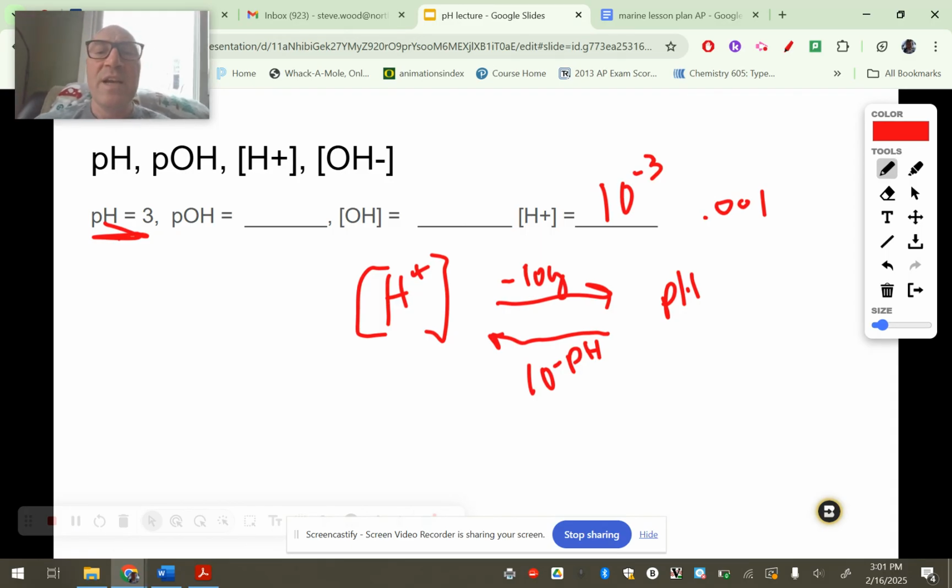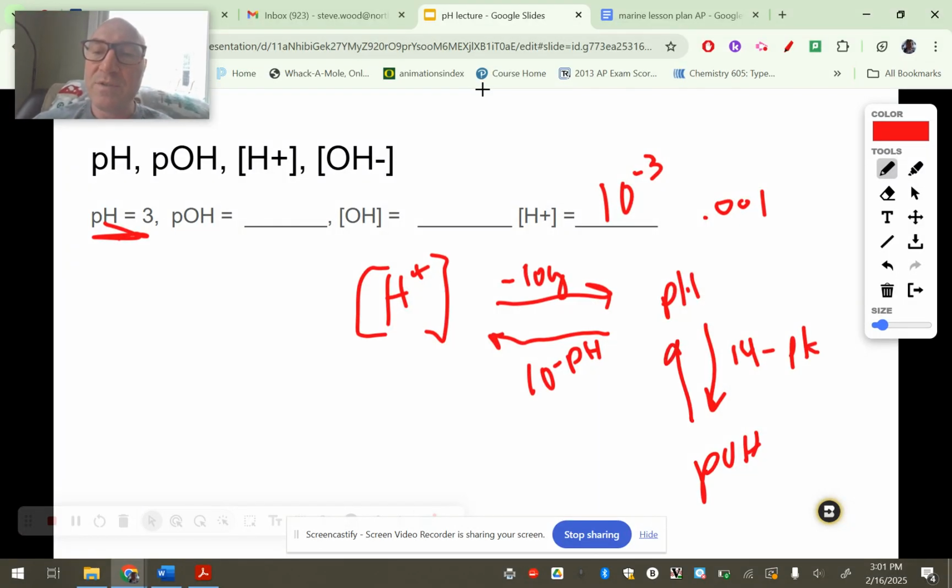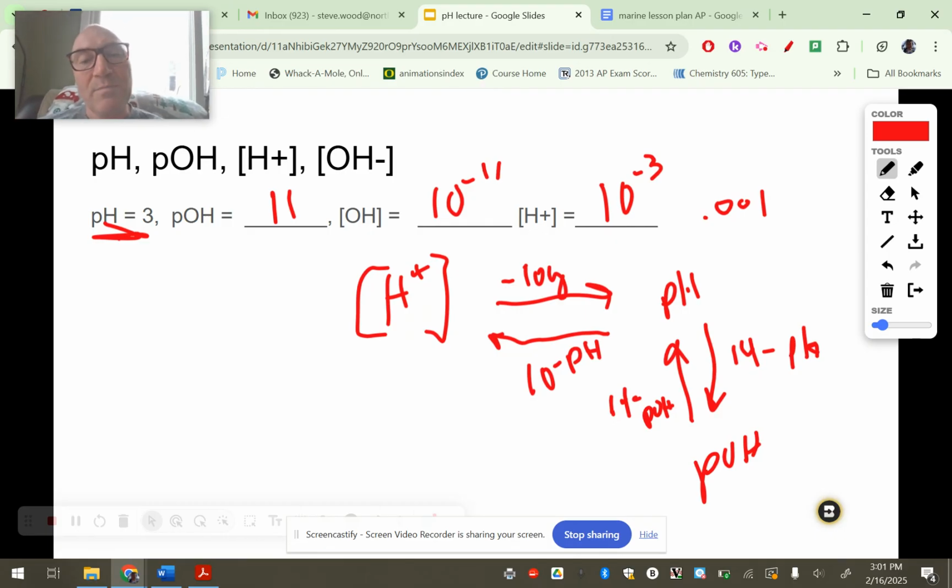And then to get from pH to pOH, I have to do 14 minus the pH, and vice versa. It'd be 14 minus the pOH to go the opposite way, and that gives me the pH. So this would have a pOH of 11, and then 10 to the negative 11th would be my OH minus concentration.